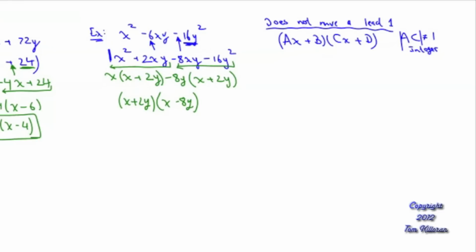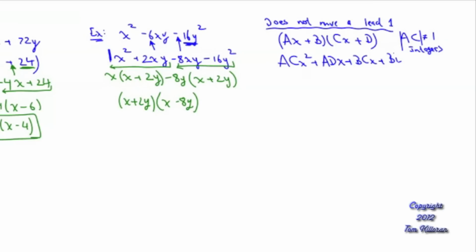Be safe, because you can have fractions that multiply together and give you 1, and that would be a lead coefficient of 1. Whatever. If I multiply this together, what do I get? ACX squared plus ADX plus BCX plus BD, not BDX, just plain old BD.